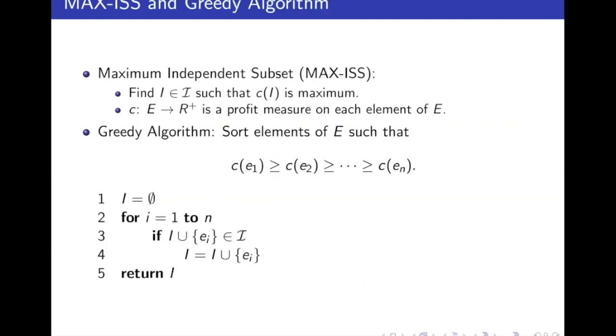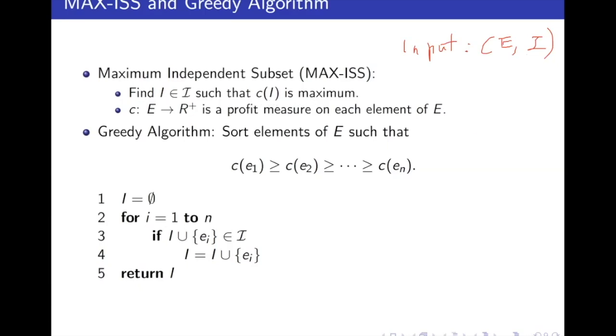For this independent system, we can look at the following problem, which is called maximum independent subset, or max ISS. Given an independent system, so this input is an independent system, what we really want to find is an element in this curly I, we call it I, such that C of I is maximal.